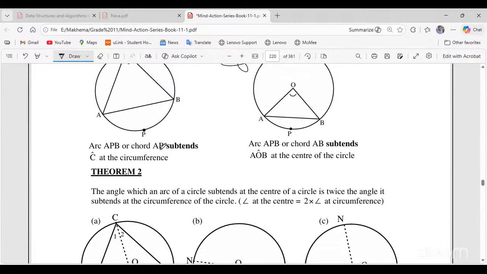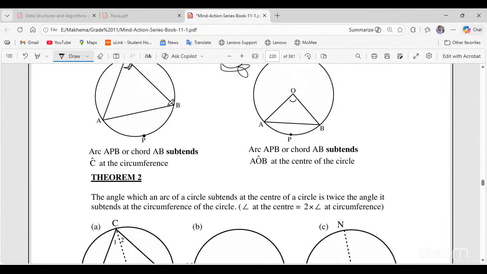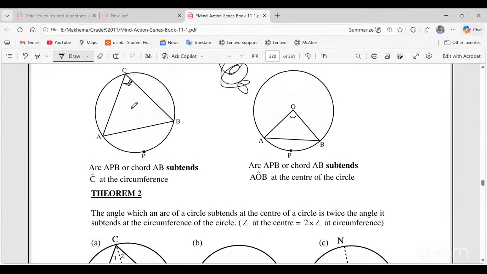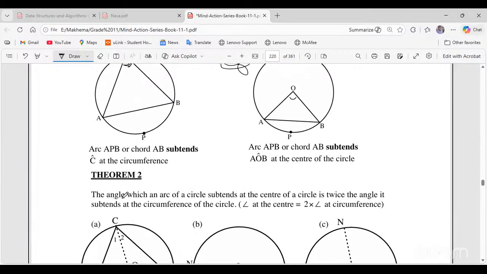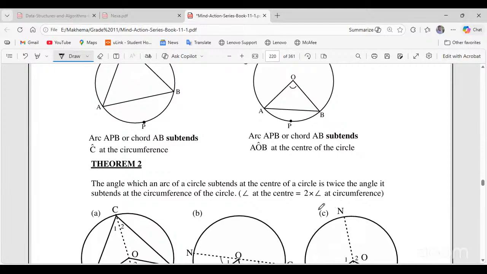The arc or the chord subtends that angle at the circumference. Arc APB or the chord AB subtends this angle at the center. Now, the angle which an arc of the circle subtends at the center of the circle is twice the angle it subtends at the circumference.